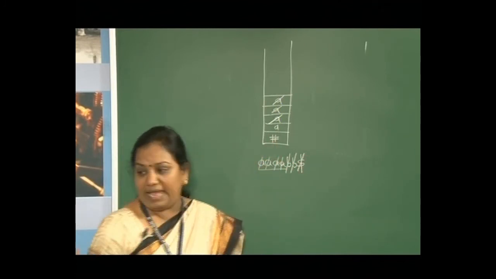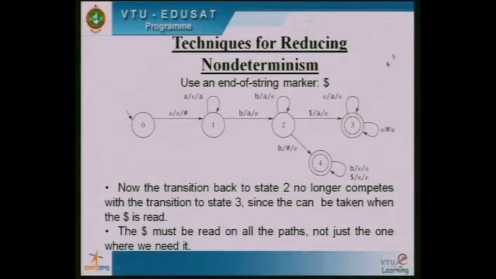So, what to do? I need additional transitions: if I have no input, dollar is also consumed, input is empty, stack is having A, then what to do? Pop A in the same final state. So, this will be for one or more A's. Then at last I have hash, which also must be emptied. So, you have one more transition here.